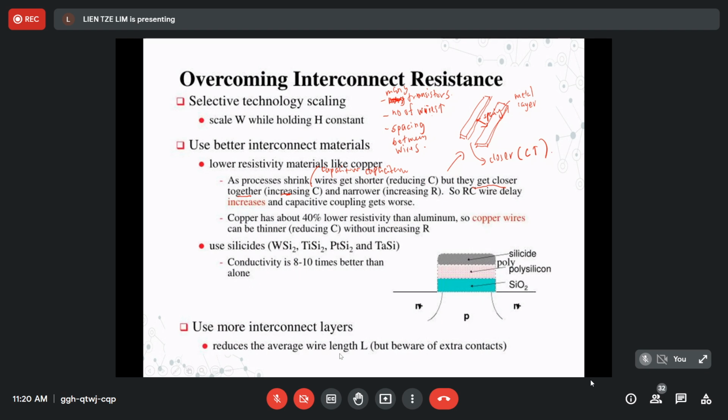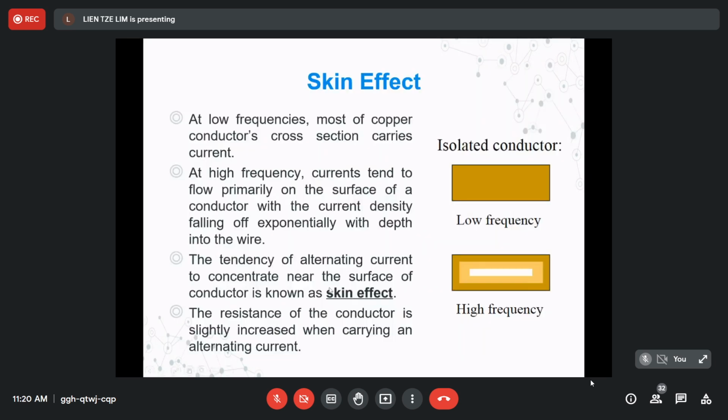We have to try to reduce the number of contacts, because contacts will cause resistance as well. So that is all about the resistance that we have to consider in MOS transistors. There are four resistances, and you will have to understand all four.